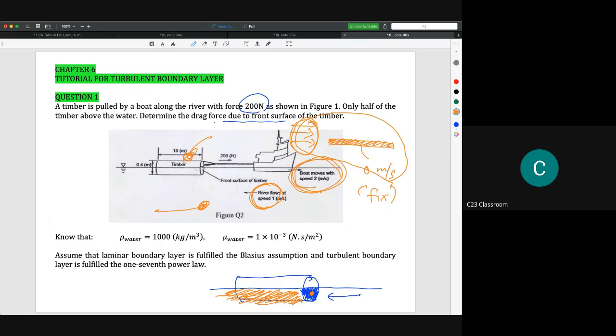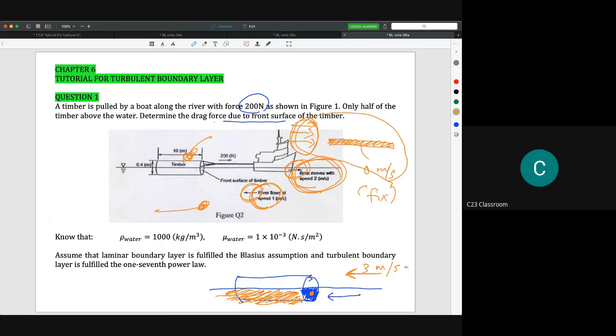If the velocities are in the reverse direction, not in the same direction, you need to add the velocities. So you could have the timber fixed, but the water flowing to the timber is 3 meters per second. That means you need to calculate all the boundary layer equations by using the velocity 3 meters per second.